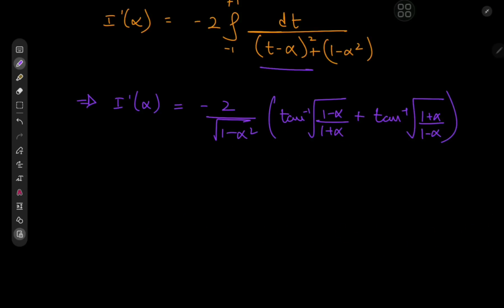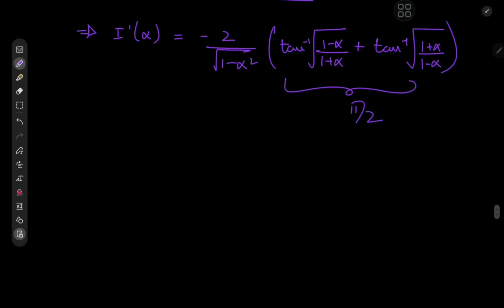And now we just have inverse tangent of something plus the inverse tangent of the reciprocal of that something, and this is supposed to equal pi by 2, which is again very convenient. And this implies that I prime of alpha equals negative pi divided by root 1 minus alpha squared.